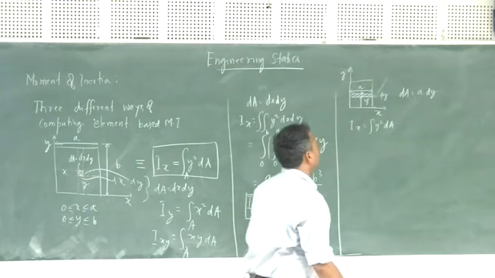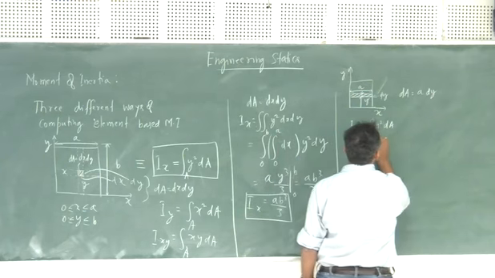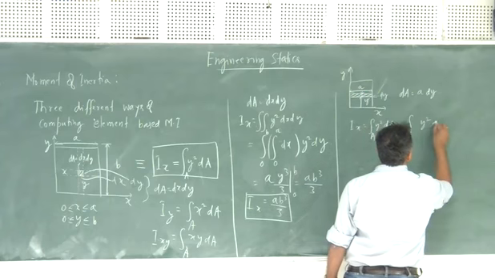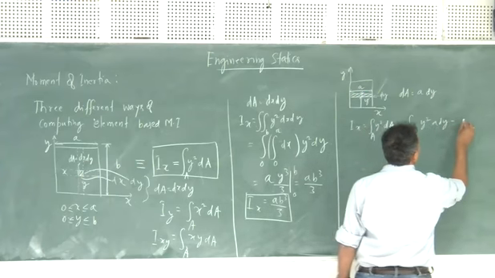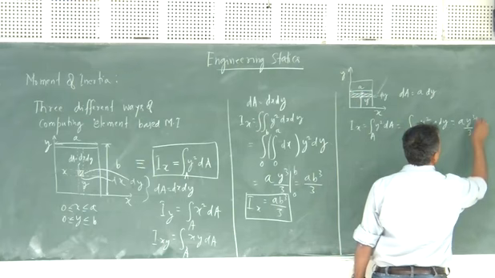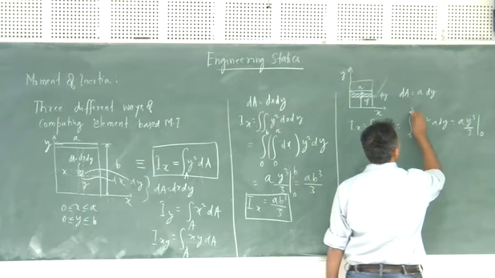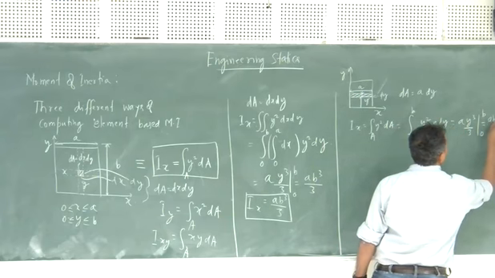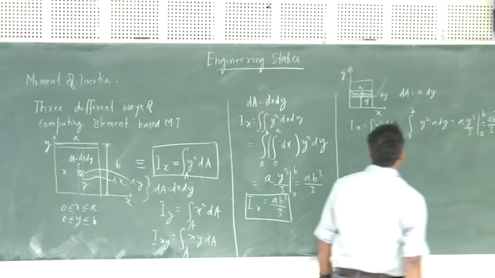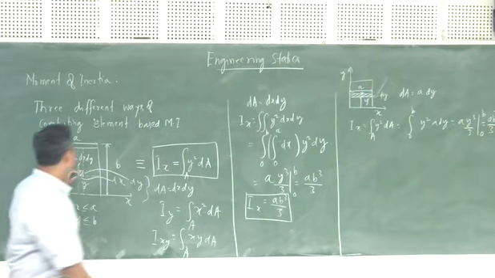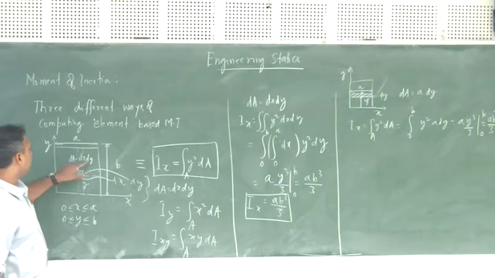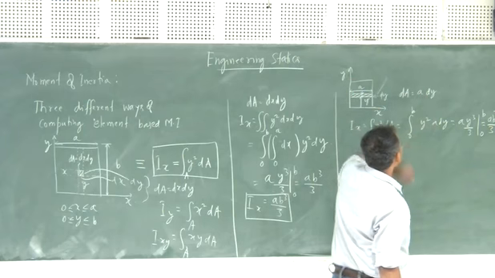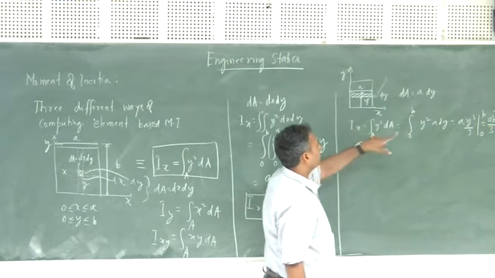So you substitute it here, and this will be given by y squared a times dy. So a can be taken out, and then again you integrate y from 0 to b, which ultimately gives you a b cubed by 3 again. So even if you take the element which is dx into dy, or if you take this strip element, you will be able to calculate your Ix.